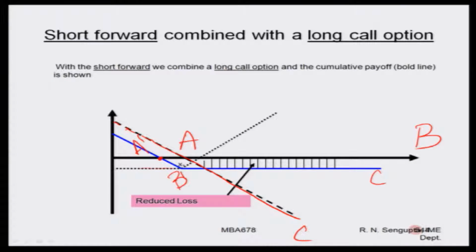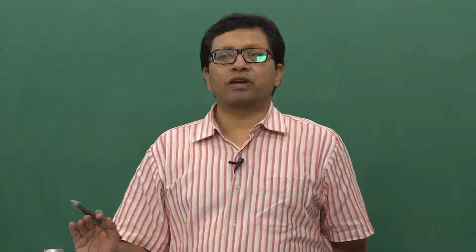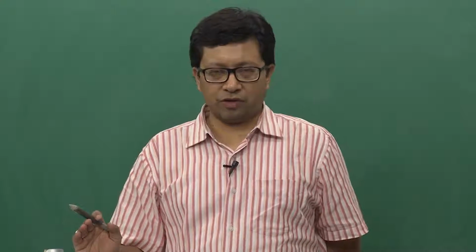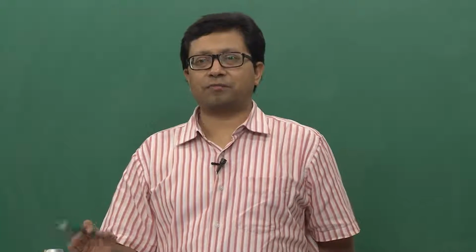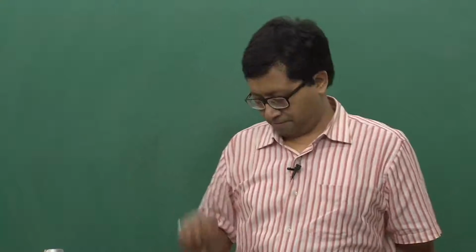Say for example C1 is somewhere down the line. If you see the overall loss with respect to the other diagram, it has definitely reduced, considering that the prices are on an increasing trend. So for an increasing price trend, initially we had a short forward position, and now you have combined it with a long call option.